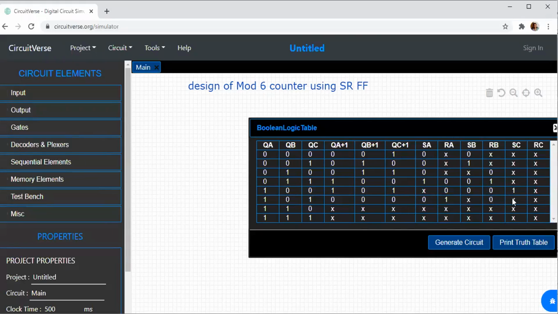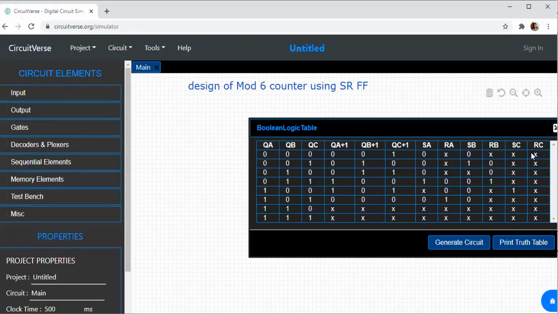This is also 0 and x. So SB will be 0 1 x 0 0 0 and RB is equal to x 0 0 1 x and x. It is 4x.